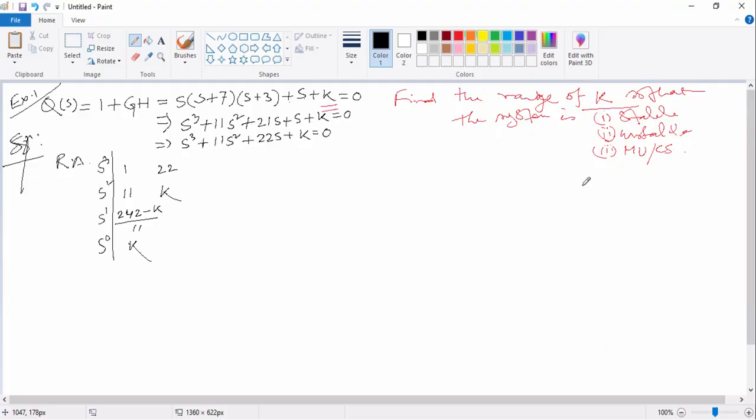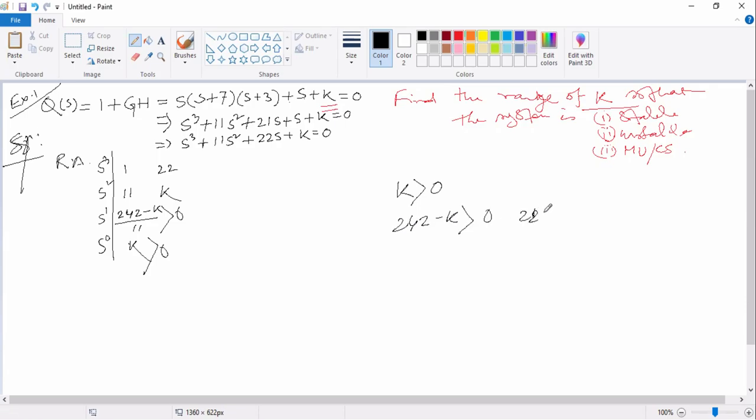So K is greater than 0, then 242 minus k is more than 0.